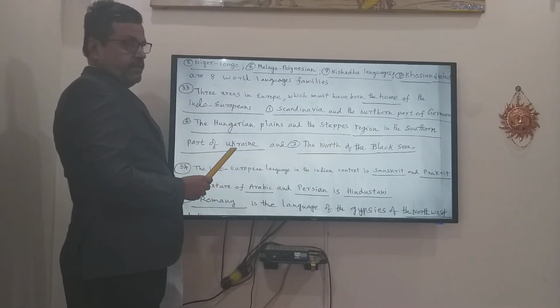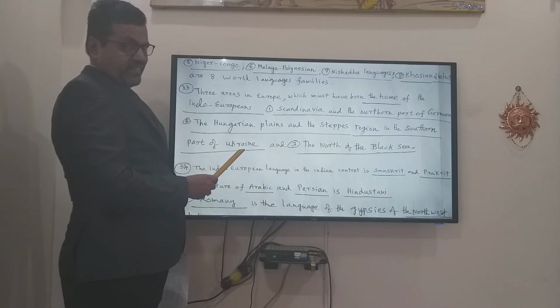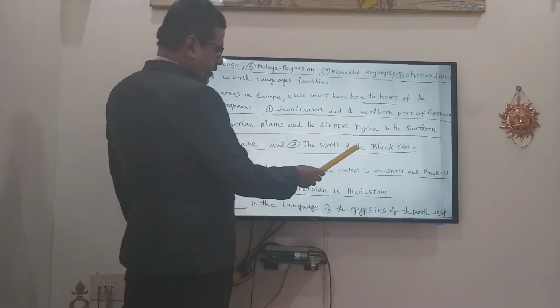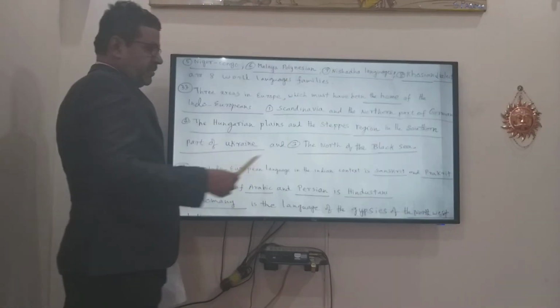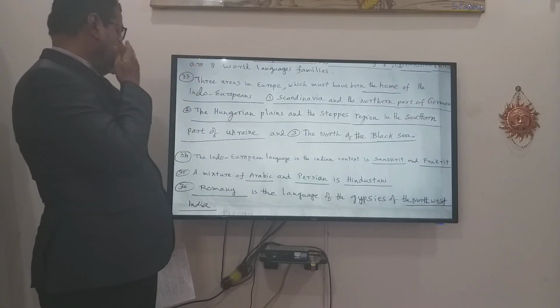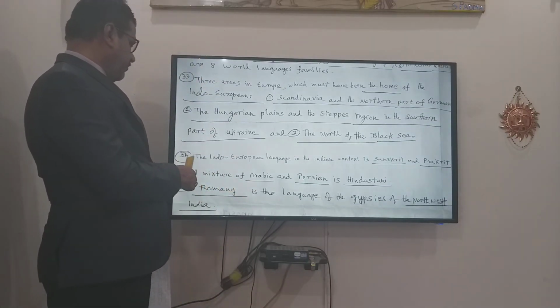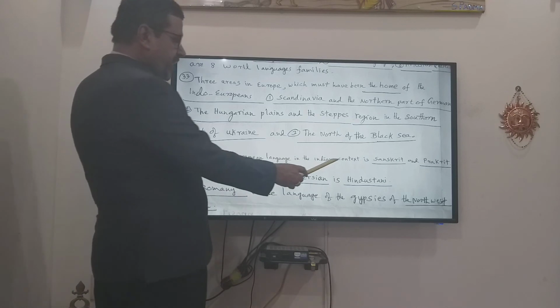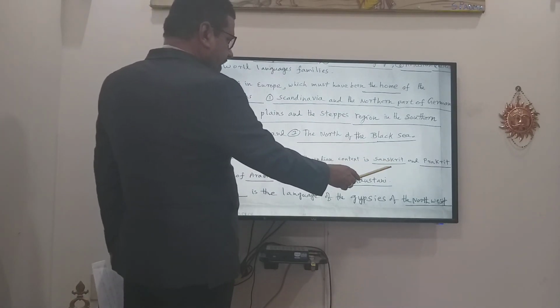Previously it was an integral part of the USSR, now it's an independent country. Third one, north of the Black Sea. These are the three places in Europe where the Germanic people settled. Don't forget.